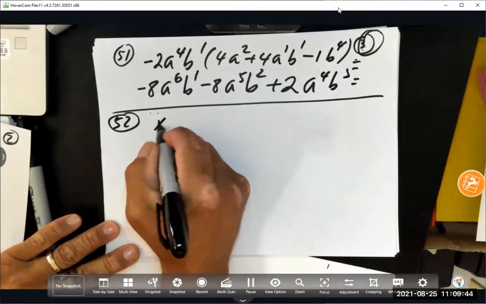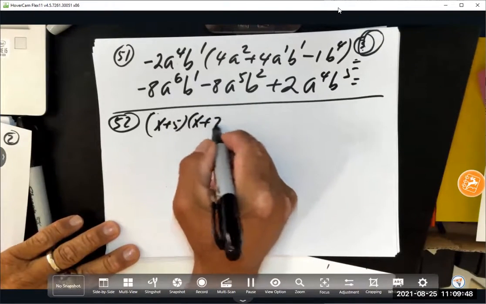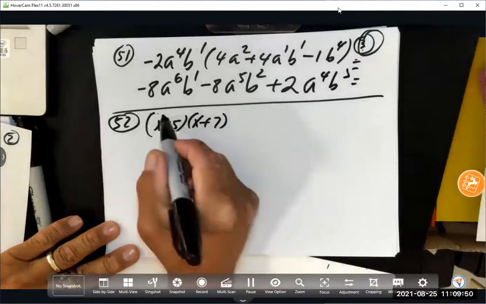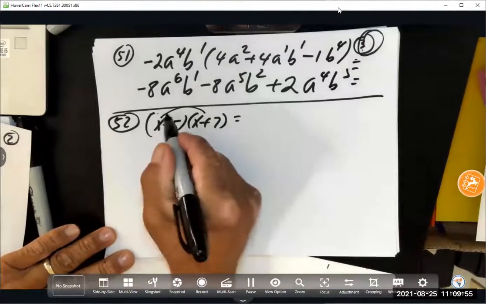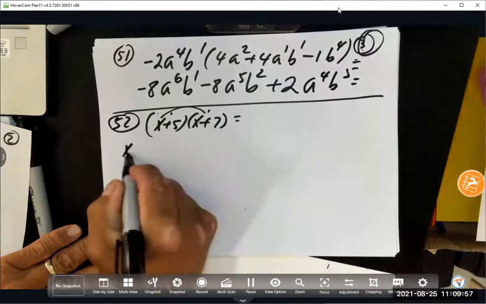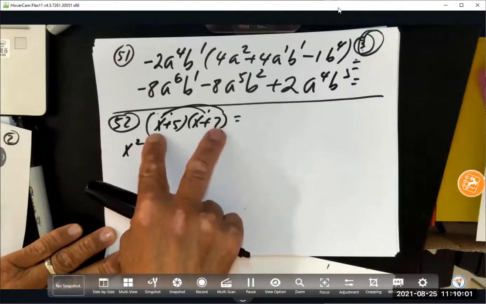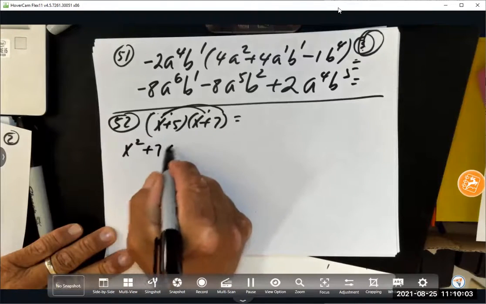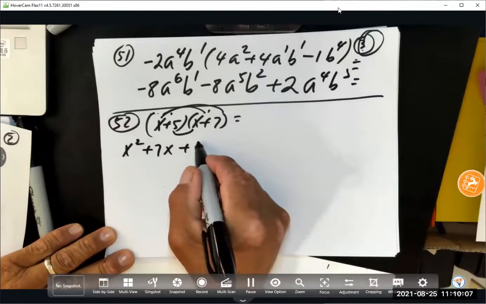This one, x plus 5 times x plus 7. Ready? So x times x is what? X squared. X times 7 is what? 7x. 5 times x is what? 5x.